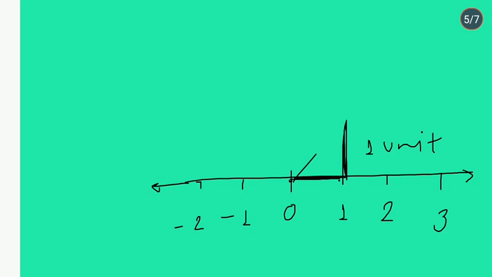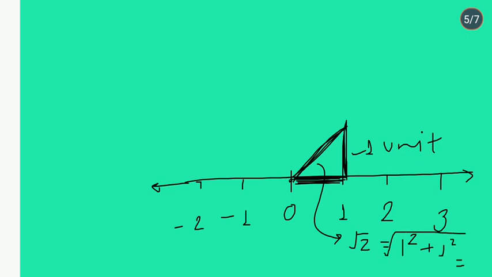Now this will become root 2, because this segment was 1 square plus this segment is also 1, so 1 square plus 1 square under root will become root 2.